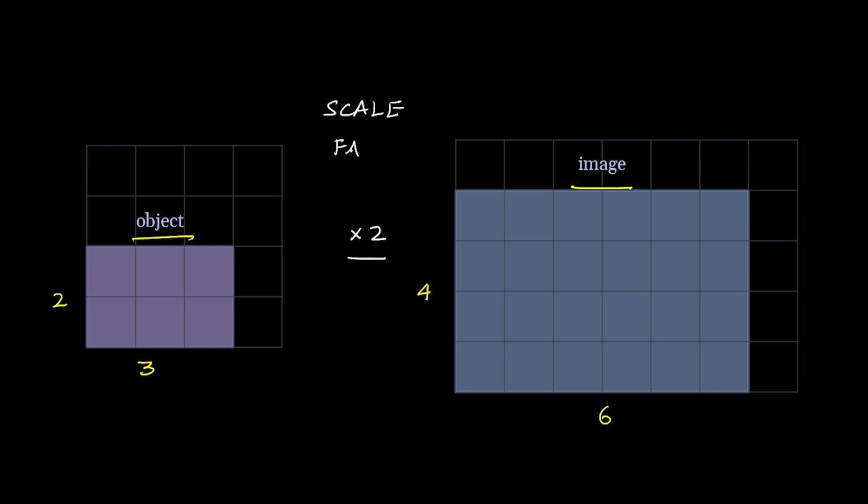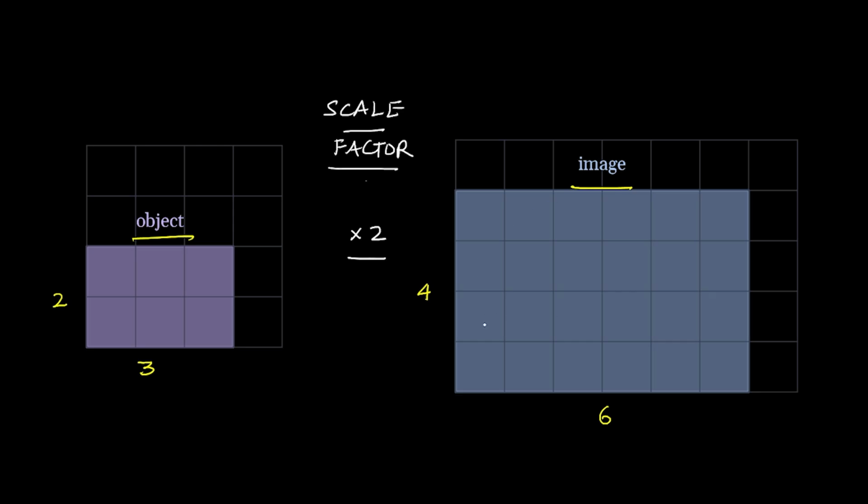How do you define a scale factor? A scale factor is simply a number by which each length or dimension gets multiplied to get the image. Also remember this very important point: because the object and the image have the same proportions, we call them similar shapes.